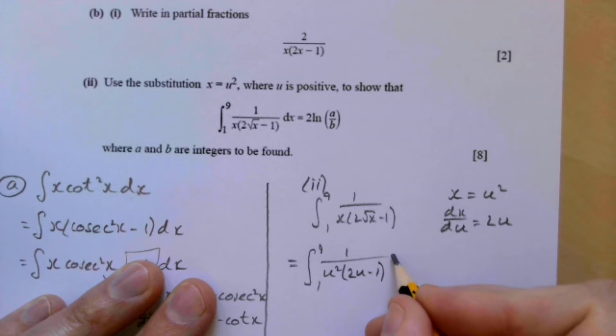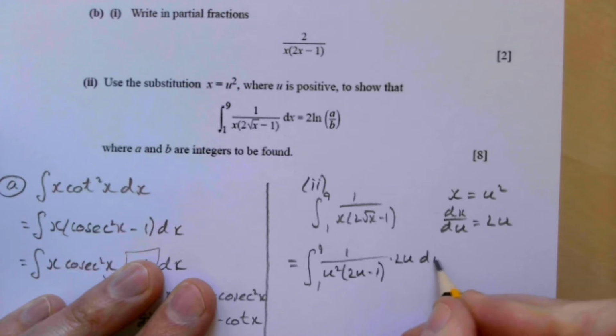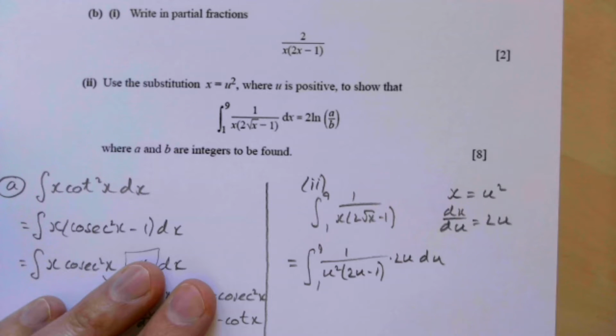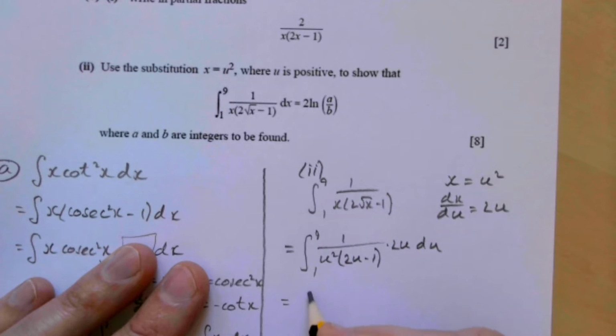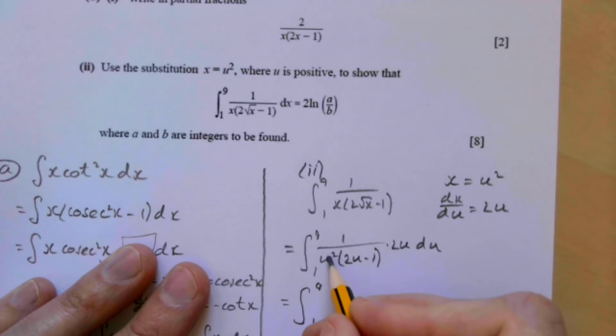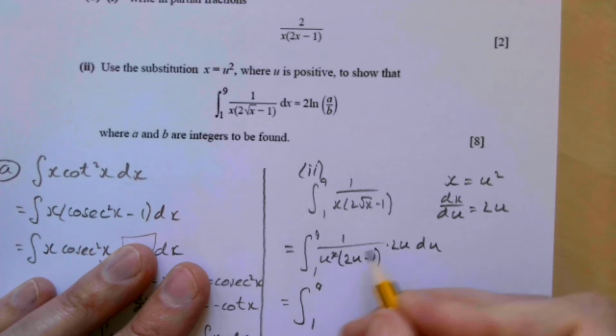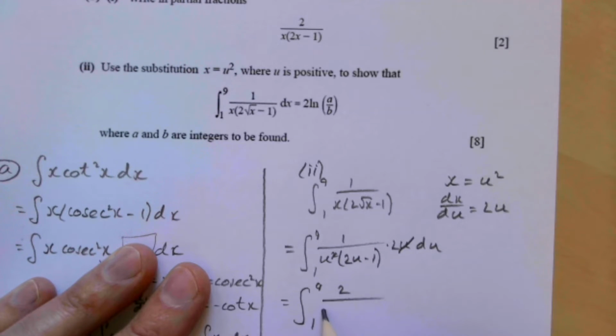And then it's going to be dx by du, so that's going to be times by 2u du. So let's try and tidy this up a bit. The integral between 9 and 1, that u is going to cancel out with the u squared there, and we end up then with a 2 on the top, all over u upon 2u minus 1 du.